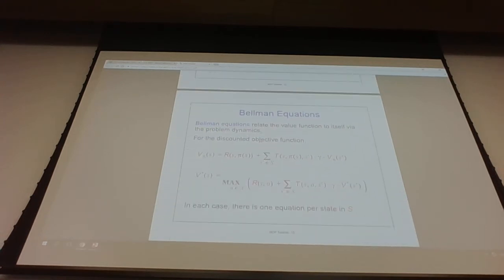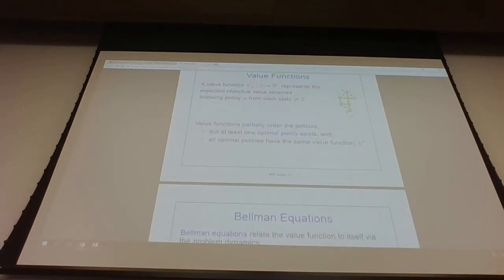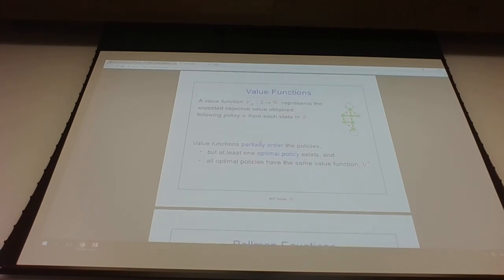Now there is an optimal policy, right? Optimal policy means what? It means that if you take that optimal policy and you start from a state S, then there is no other policy that will give you a better reward. Whether it be maximizing the reward or minimizing the reward, I don't say.